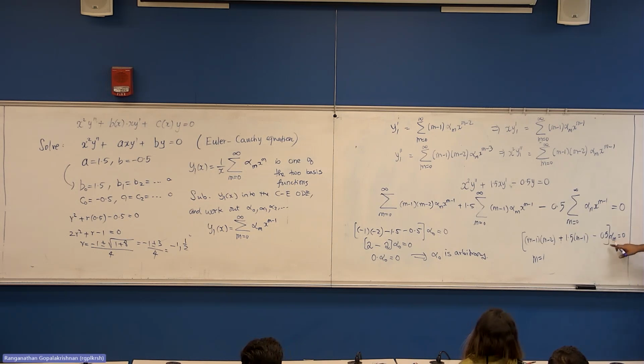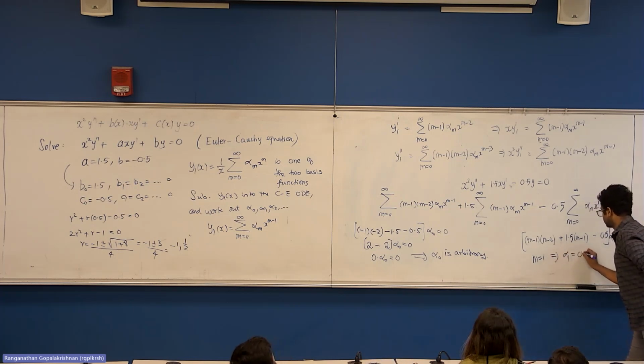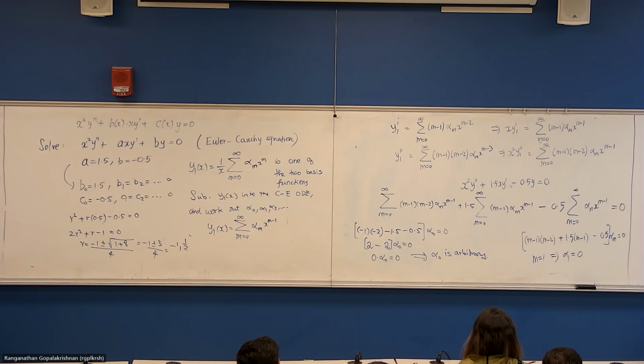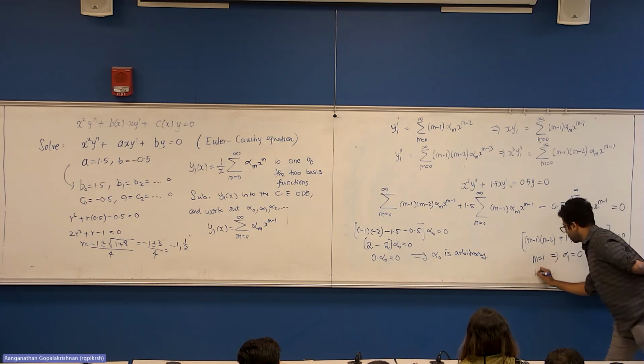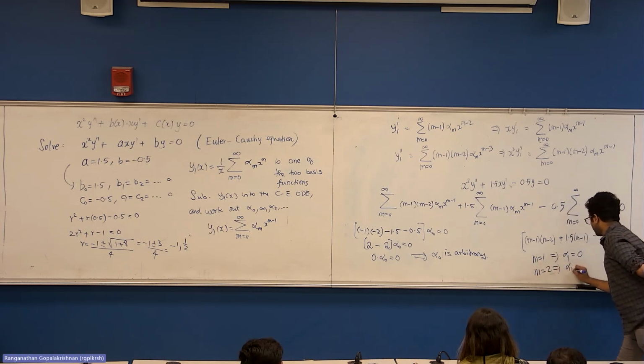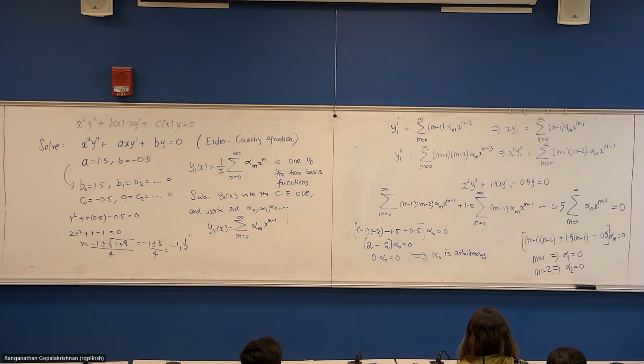You get minus 0.5 times alpha 1 is 0, which is possible only if alpha 1 is 0. Same logic, try m equals 2, you will get a constant times alpha 2 is 0, which is possible only if alpha 2 is 0. For any other value of m, by the same logic, constant times alpha 3 or alpha 4 is 0, which makes any alpha m 0 as long as m is not equal to 0.